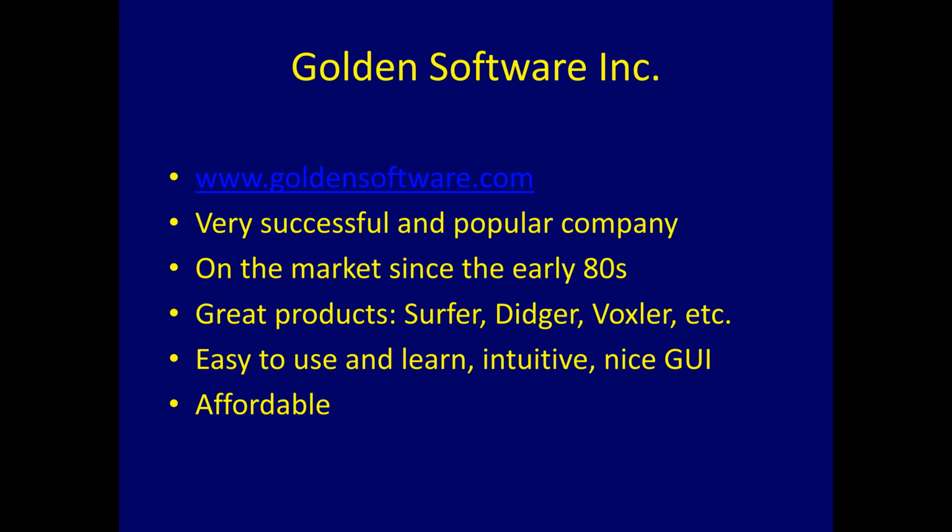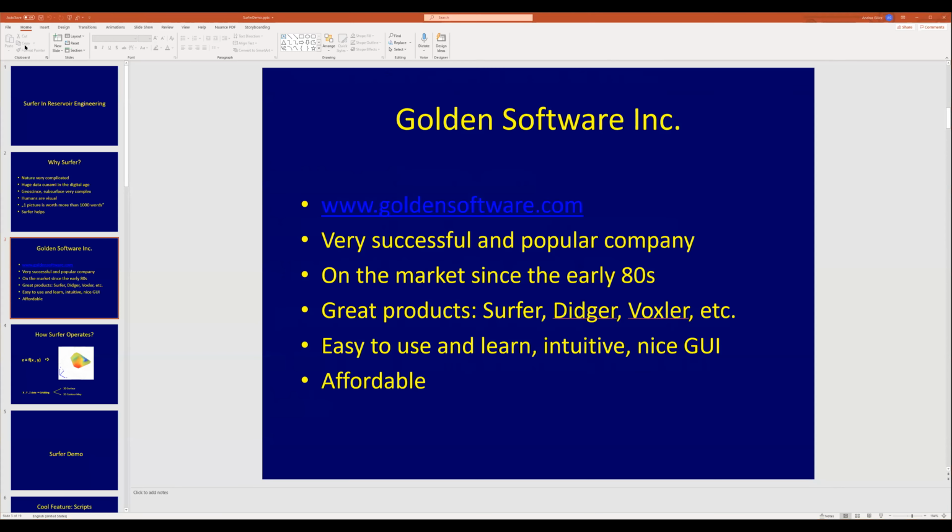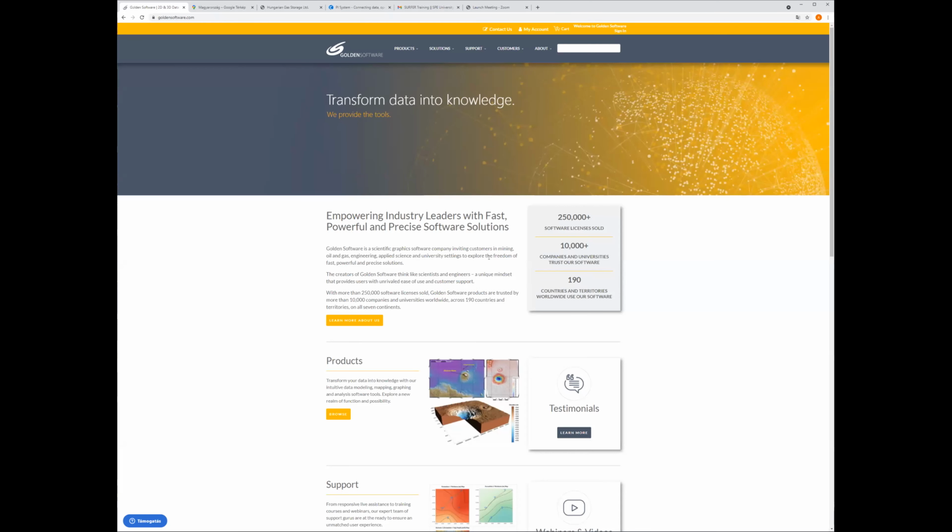And now let me show you their website. Can you see the website? I've turned it off now. Just a second. Share. Yes, this is it. So this is their website, Golden Software.